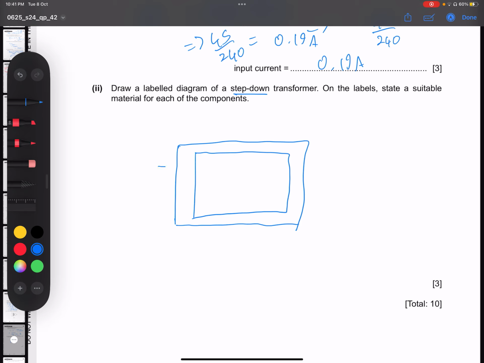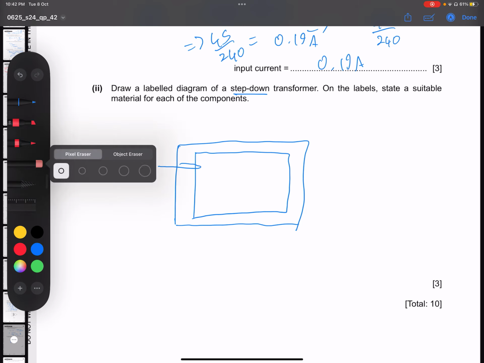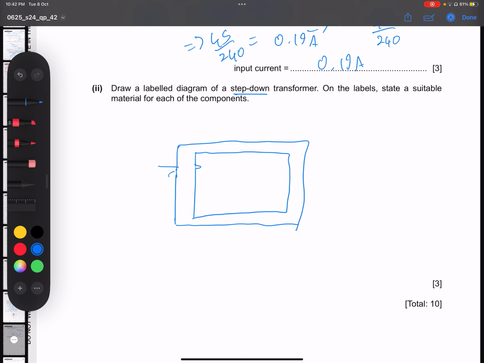So we draw the primary coil, which has some number of coils. Okay, and this has 1, 2, 3, 4, 5, 6 coils. So we can just draw 3 here.